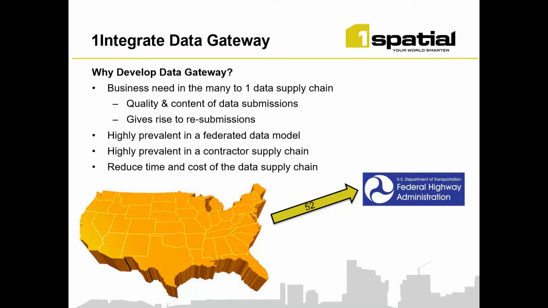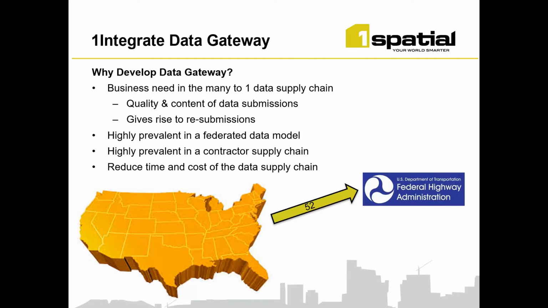The issue, however, is that it didn't actually pinpoint exactly where the problems were with the data being sent through. It just said there were problems inside the data and it wouldn't be accepted. That's one area that we needed to address. And secondly, the actual processing time taken when the data is sent up was quite long. So it could be a matter of days that a state was waiting for the information to come back to them, which they could then act on, which doesn't really help them in terms of their submission cycle.